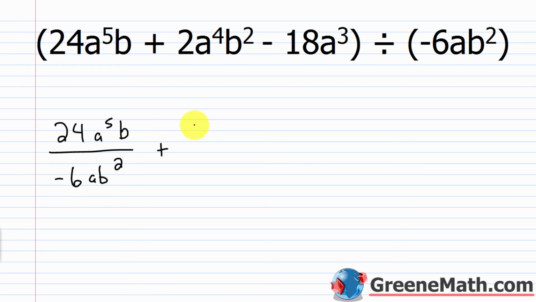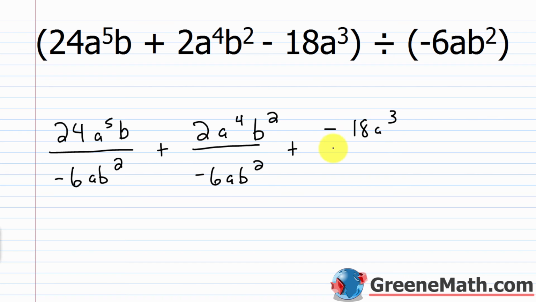Then plus, I'm going to have 2a to the 4th power b squared over that divisor, negative 6ab squared. And then I have that minus, let me put plus negative 18a cubed over, again, negative 6ab squared.